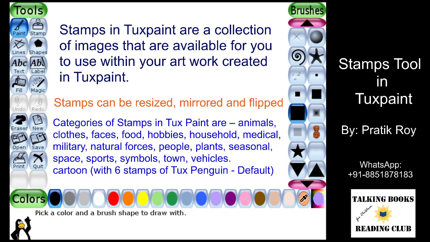The categories in the stamps are basically animals, clothes, faces. You can have food items. You will find images related to hobbies, images related to household, which we use in our daily lives. Few images for medical, if you're making any design or project which has some medical elements in it, you can use these images.